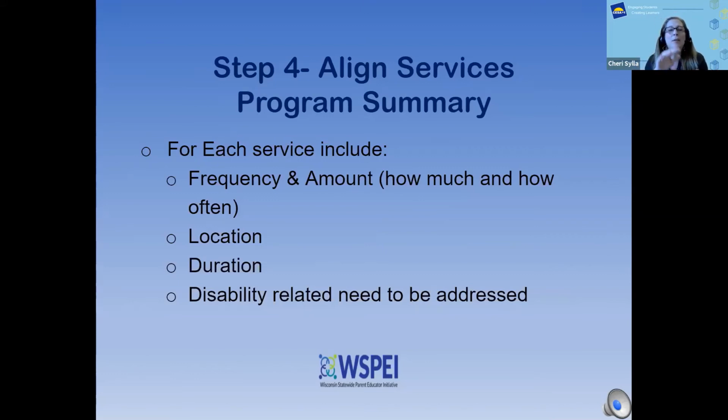And so it'll take multiple ways of addressing that goal. So sometimes goals can have short-term objectives and benchmarks. They're only required for students that are in an alternative curriculum and will take an alternative assessment. But they can be included on every single goal as well. So it all depends.